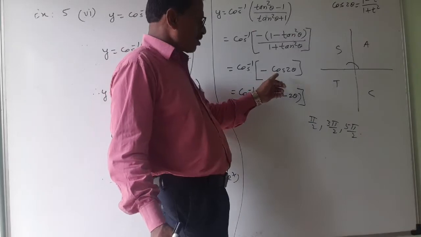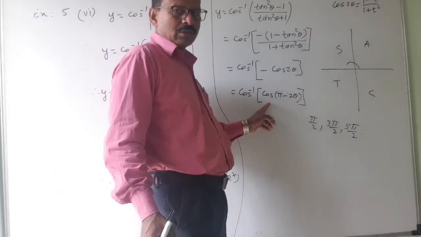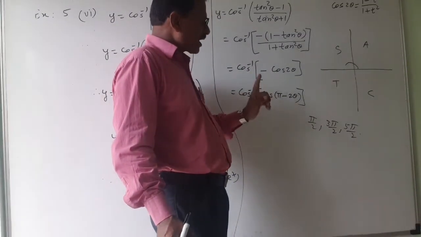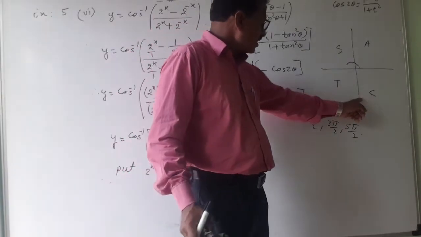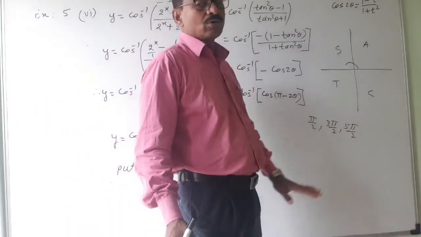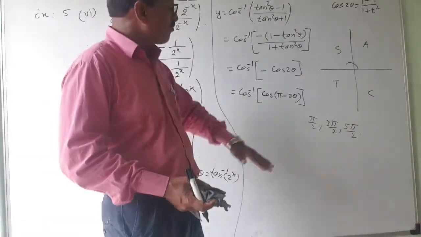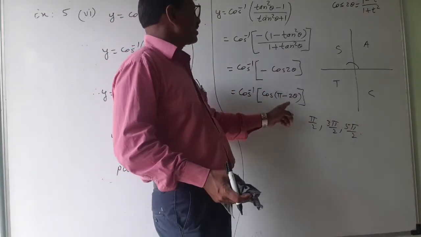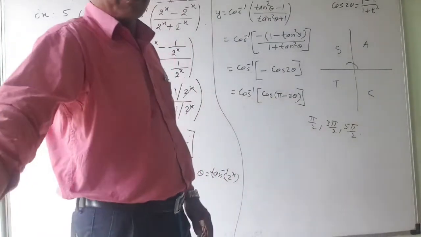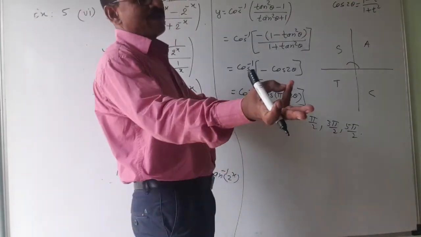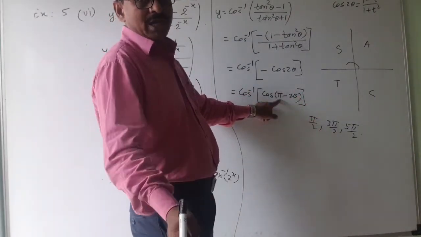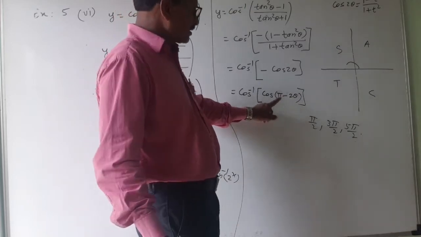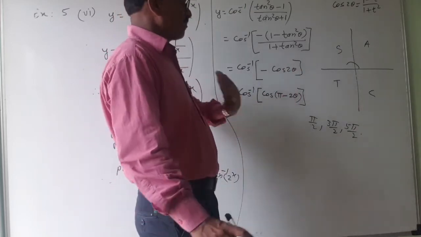But here I don't want to change the ratio. That means I cannot subtract from 3 pi by 2. No, I will not go to that. I will go only for the pi. Means 180 minus something, the ratio doesn't change because it is a multiple of pi. 1 pi, 2 pi, 3 pi, 5 pi, 7 pi: subtract or add in it, the ratio remains the same.